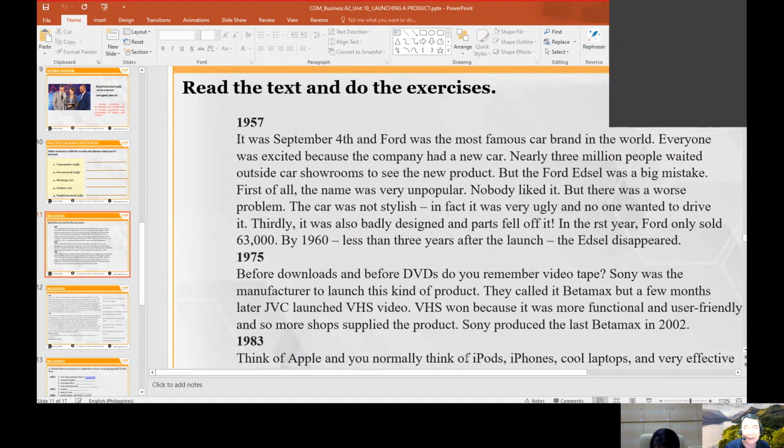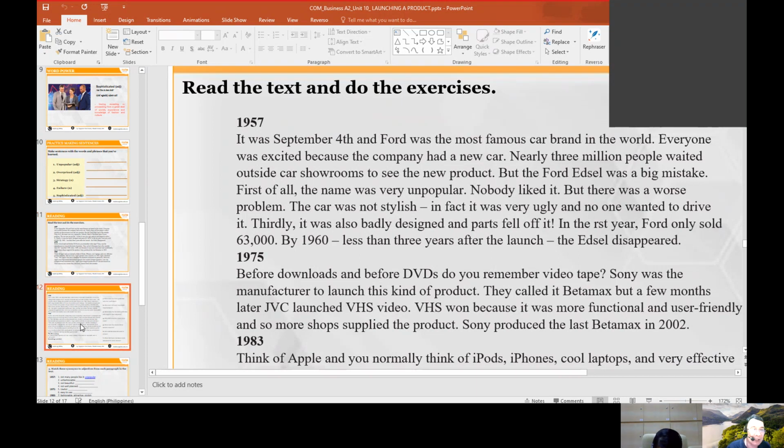It's because it was more functional and user friendly, and shops were more supplied with products. Yes. Okay, so that's the reason why VHS became successful compared to the Betamax.